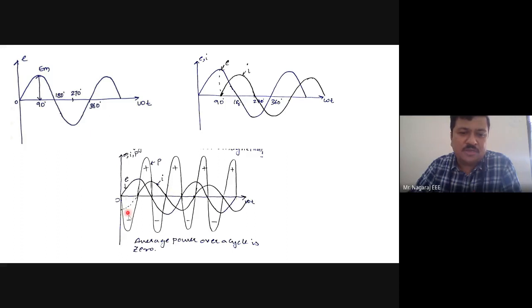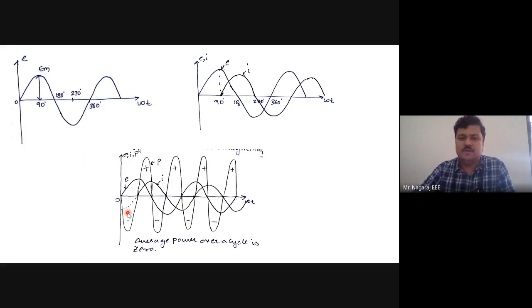So the power is not in one direction. Unlike pure resistance, where power was only in the positive direction, so the average power was positive there. Whereas the average power of this circuit is not positive, it is 0. Because, see, this is 0 degrees, 180 degrees, 360 degrees. This is one complete cycle. In one cycle of voltage, there are two cycles of power, because the power equation is with sin 2 omega t.